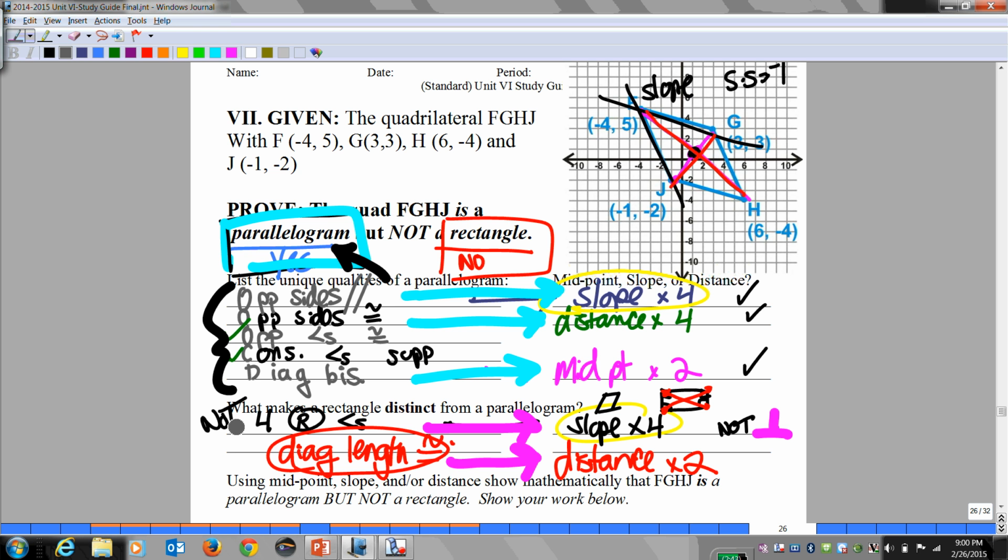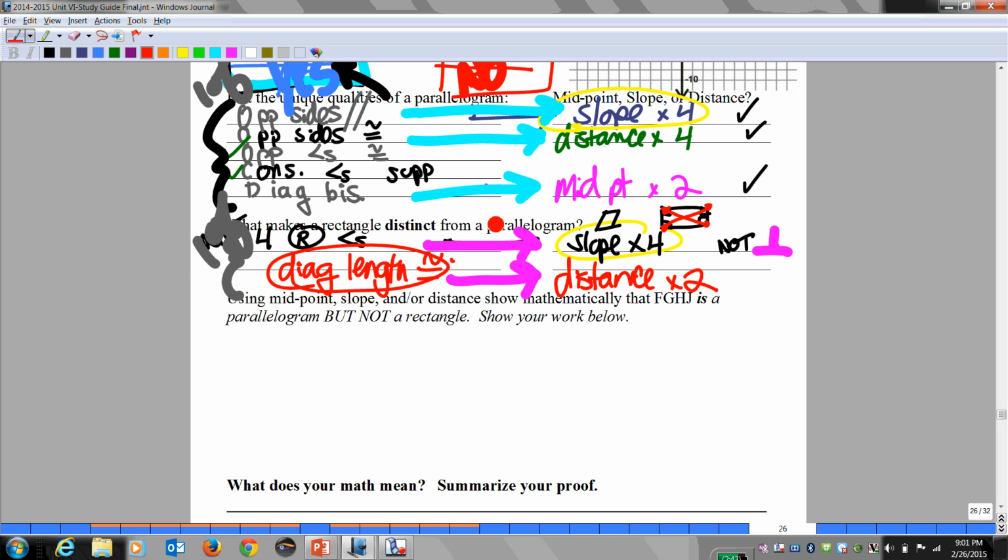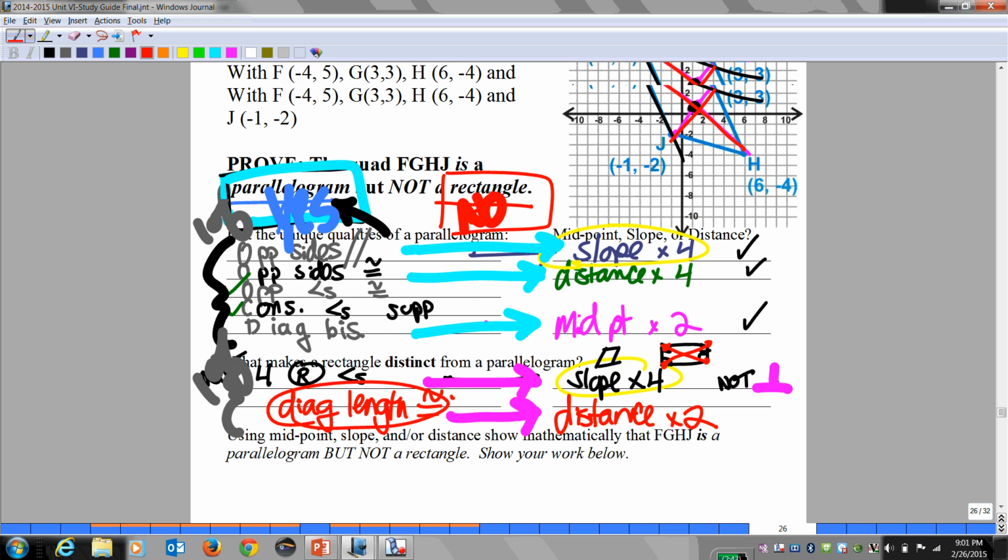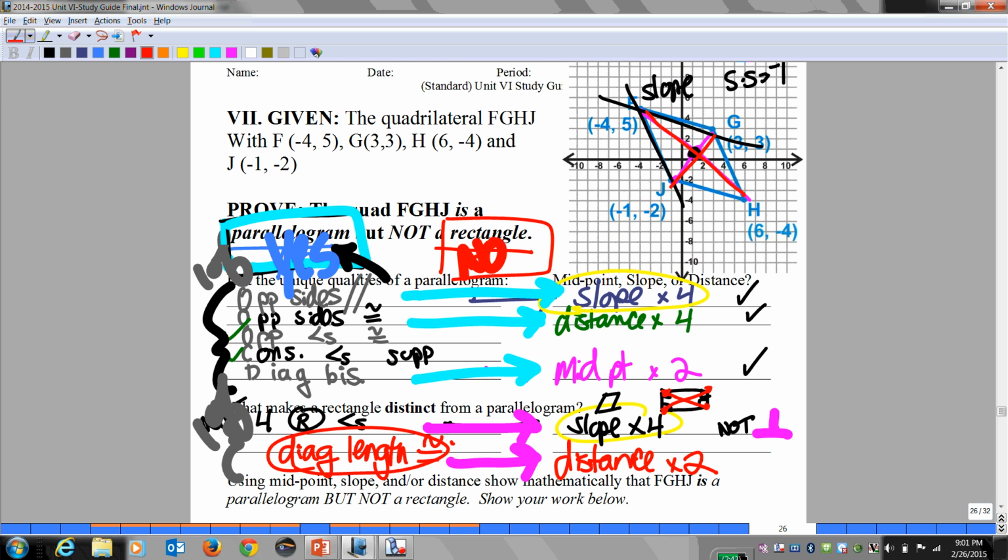So they must choose one of these. So one of this and one of that in order to prove that, yes, it is a parallelogram, but no, it is not a rectangle. Your classmates will have to choose which attack they use, just help them to see their options.